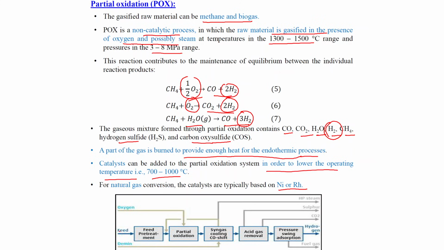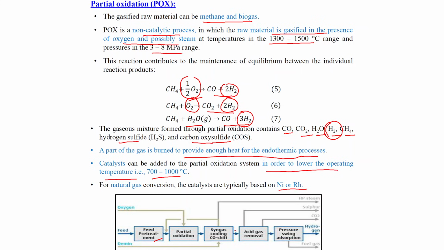Here we can see we simply insert the feed along with the oxygen. Firstly, feed treatment takes place, purification of the feed or some procedure to pre-treat the feed. Then it is introduced in a single reactor along with oxygen, where partial oxidation takes place.